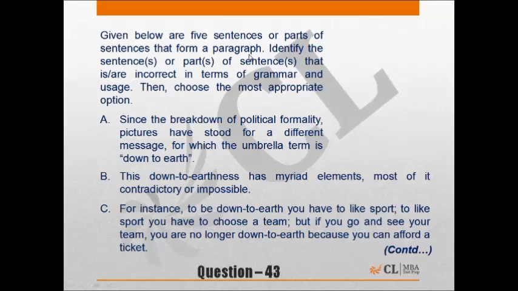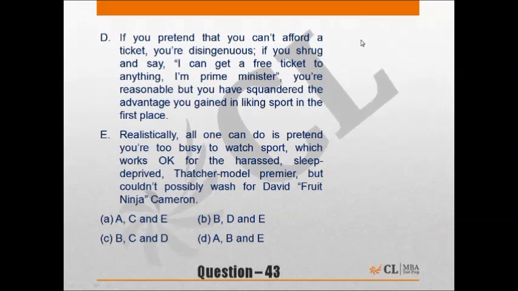Question 43, question of sentence correction. I don't know how many of you got it right. I could not solve this question when I was doing the paper. The only thing I could do is identify that statement D is incorrect. Statement D: if you pretend that you can't afford a ticket, you are disingenuous. If you shrug and say, I can get a free ticket to anything, I am Prime Minister, something should have been here.